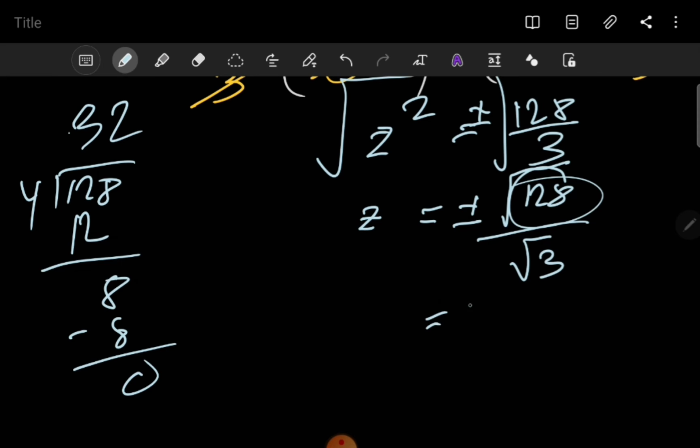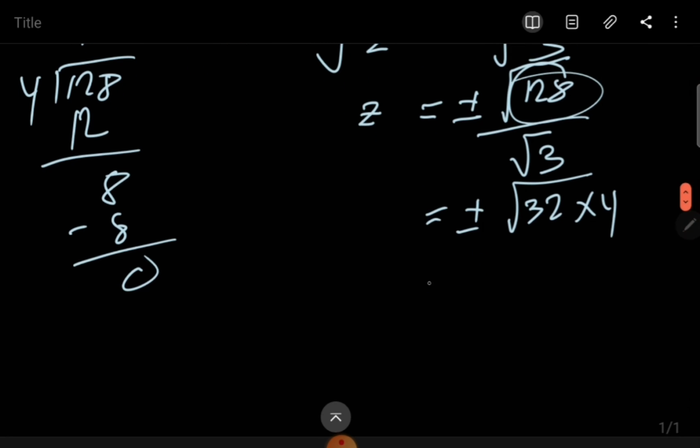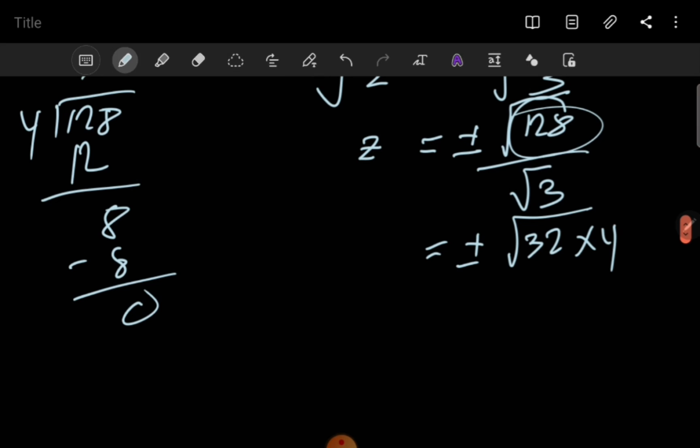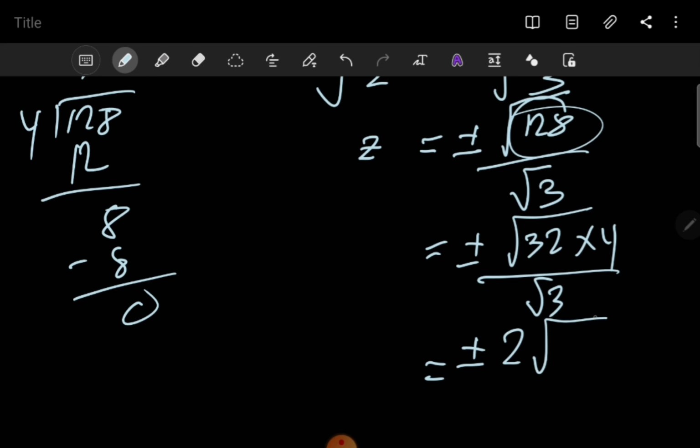Therefore, the factored form of 128 is 32 times 4. And yes, 4 is a perfect square, so we will square root it, and it becomes 2.